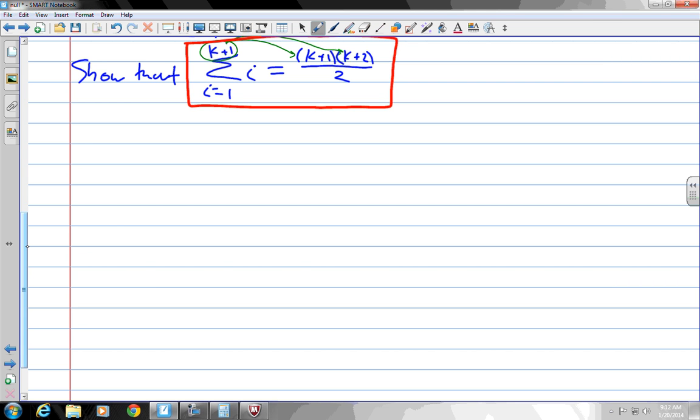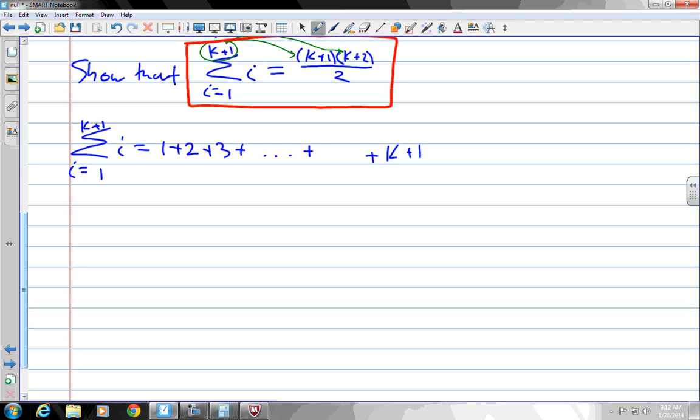Anyways, so here's the proof. I'm going to take this thing. So what is this really? This is 1 plus 2 plus 3 all the way. What is the last number in our sum? k plus 1, right?